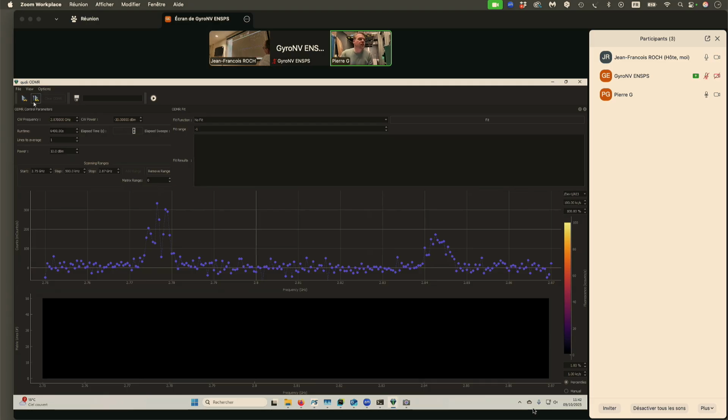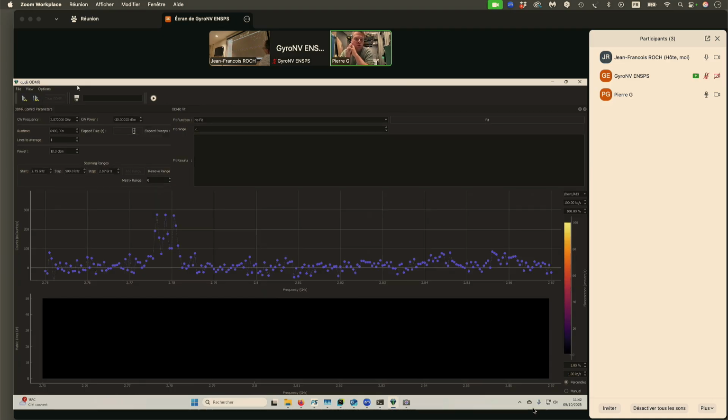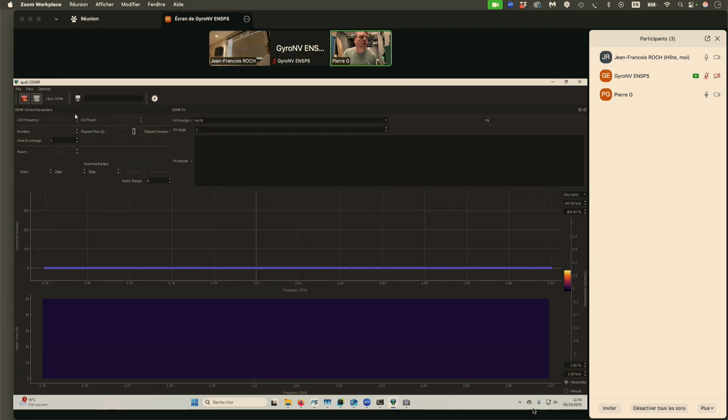I will do exactly the same scan, but now the magnet has moved. We can't see much now in this configuration, so we'll have to do some averaging.